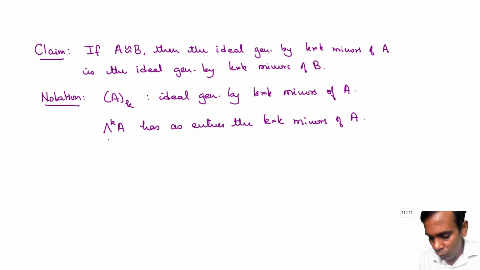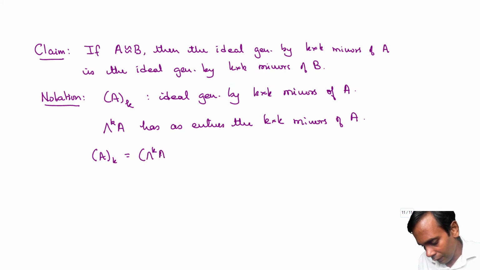And so what we have is that A_(k) is just the ideal generated by the entries of wedge k of A.